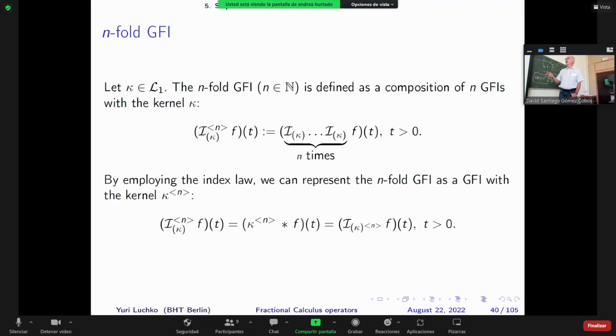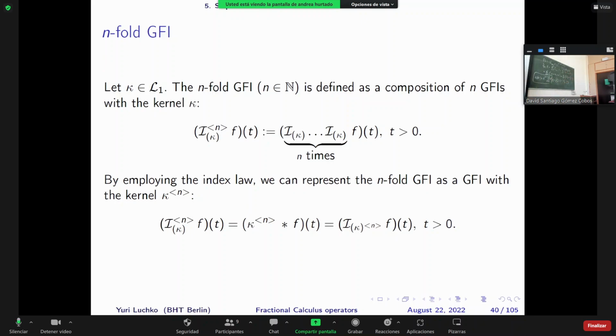And this operator is nothing else than the general fractional integral with the kernel n-fold convolution of kappa. So you see here that the n-fold integral is reduced just to one integral, as in the case of the standard integrals. Also, this formula is well known, so here we don't get something new.